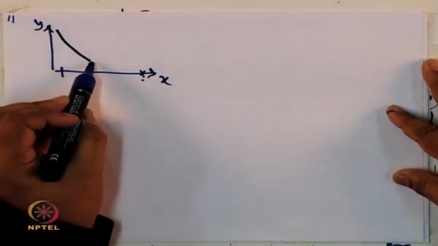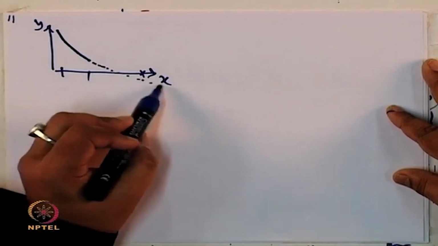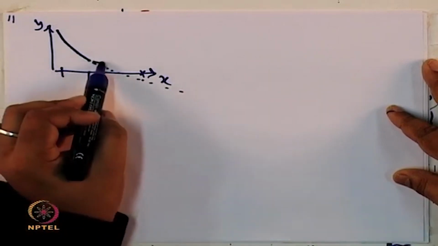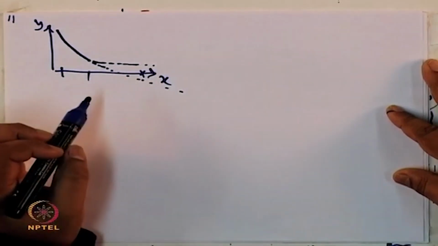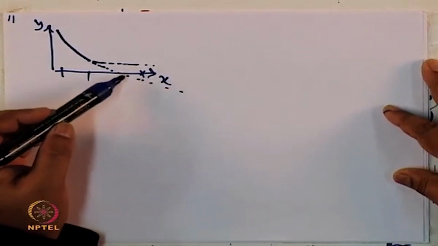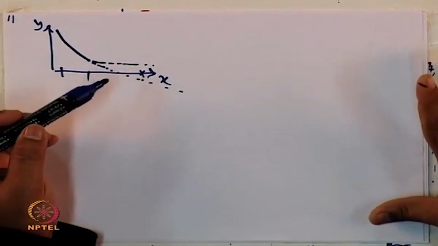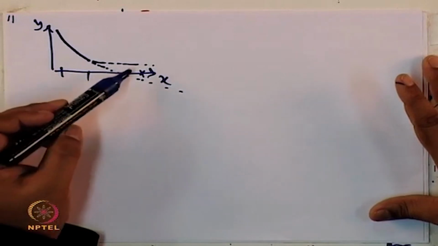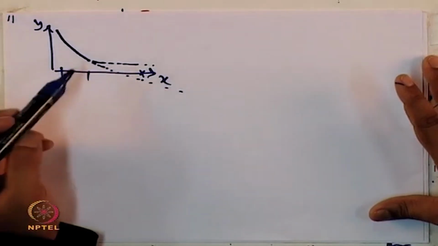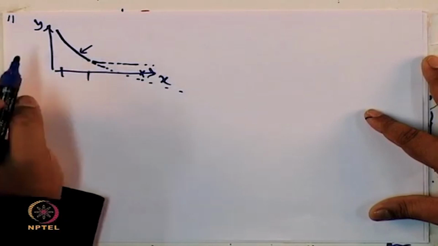Do I assume that the curve is doing something like this, or that the curve is actually saturating beyond this point? This is what makes the process of extrapolation more complicated, and many times you might get a lot of errors if you pre-assume the nature of the function.